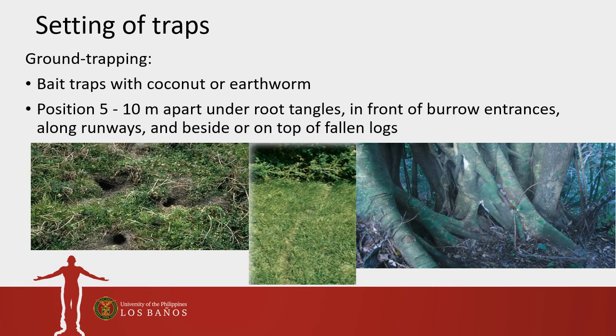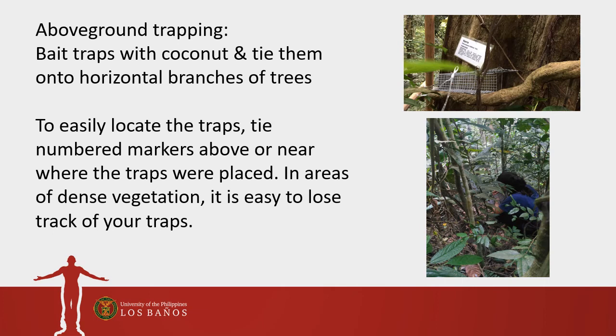Setting of traps is done in the late afternoon. Traps may be set on the ground, positioned 5 to 10 meters apart under root tangles, in front of burrow entrances, along runways, and beside or on top of fallen logs. Traps may also be set above ground.